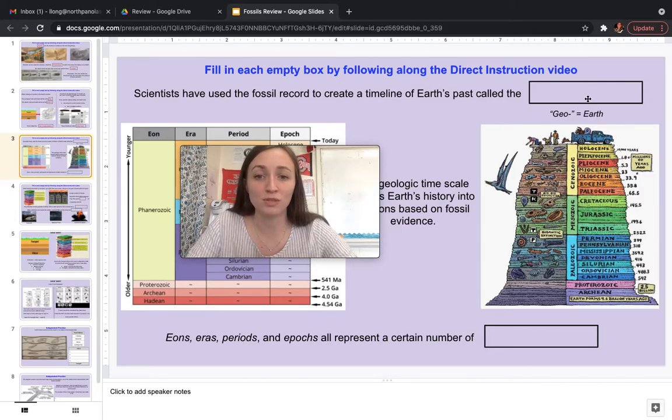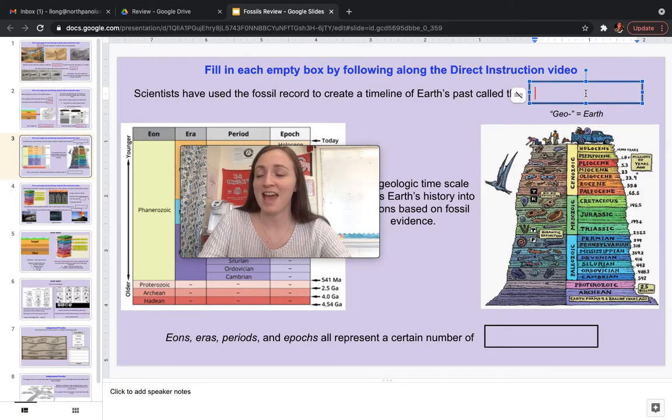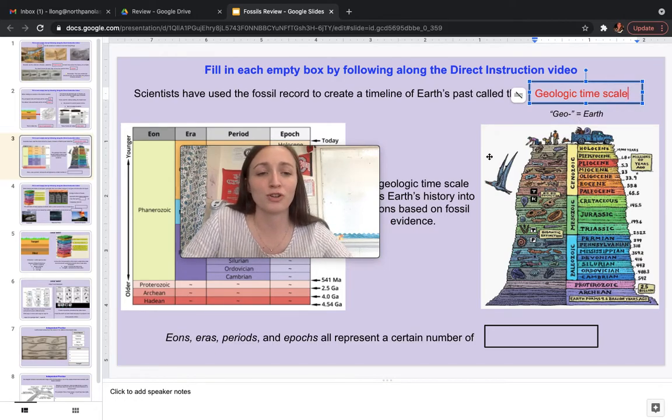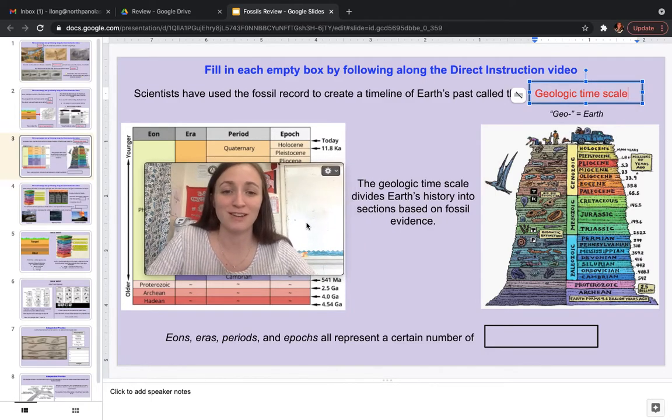We can use the fossil record to create a timeline that we call the geologic time scale, which we've talked about before. When you see the prefix geo, that just means Earth. So we're creating a timeline of the Earth's past. Pretty cool.